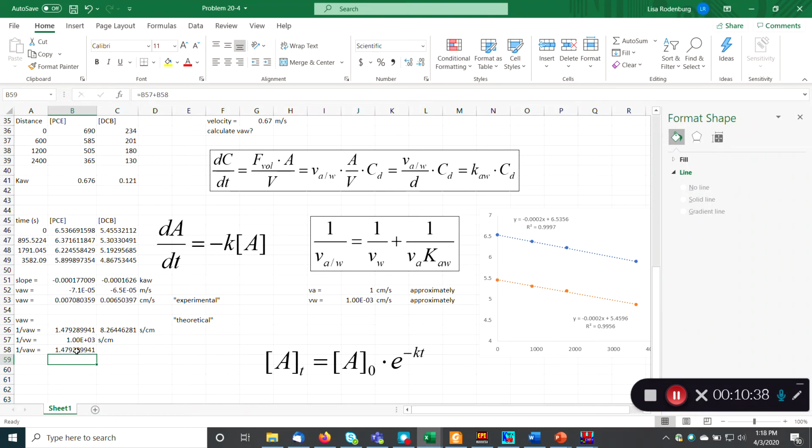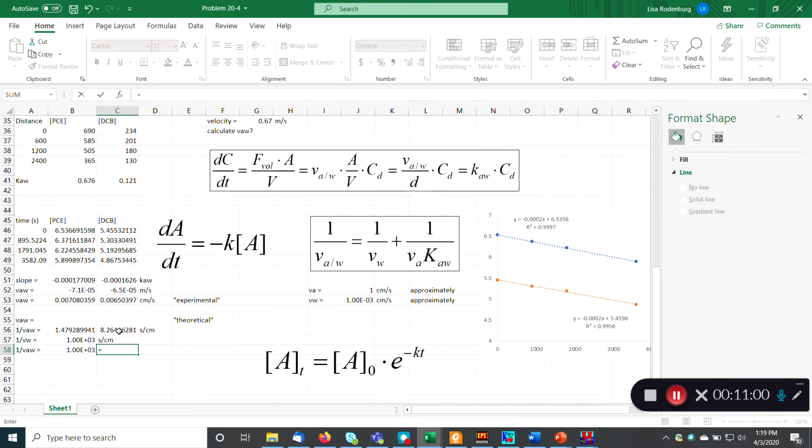Oh, yeah, sorry, I screwed it up. Here we go. Try that one more time. Plus this. And you can see this is 1,000 and this is 1.5. So the 1,000 is much more important. So the 1 over VAW is about 1,000.